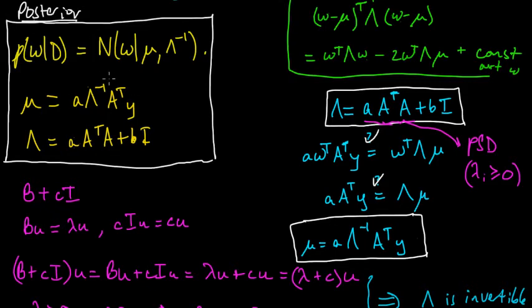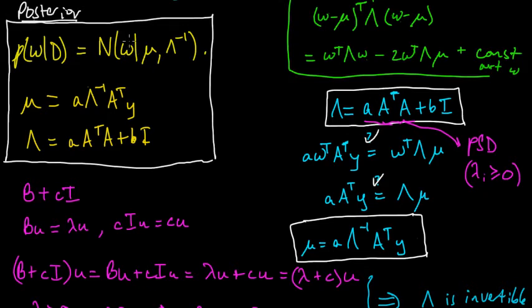Now one thing we can immediately get from the posterior is a cool immediate consequence. Since this is a Gaussian, we can get the MAP estimate immediately. Because what is the MAP? The MAP is the maximum a posteriori, that is, the value of W that maximizes the posterior distribution.